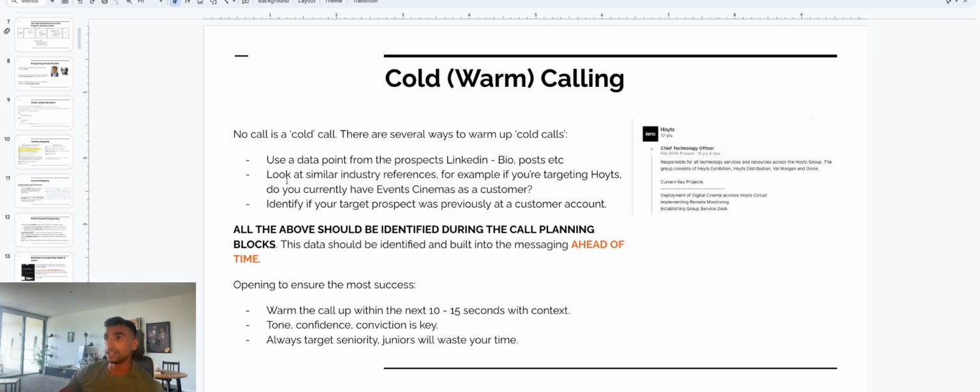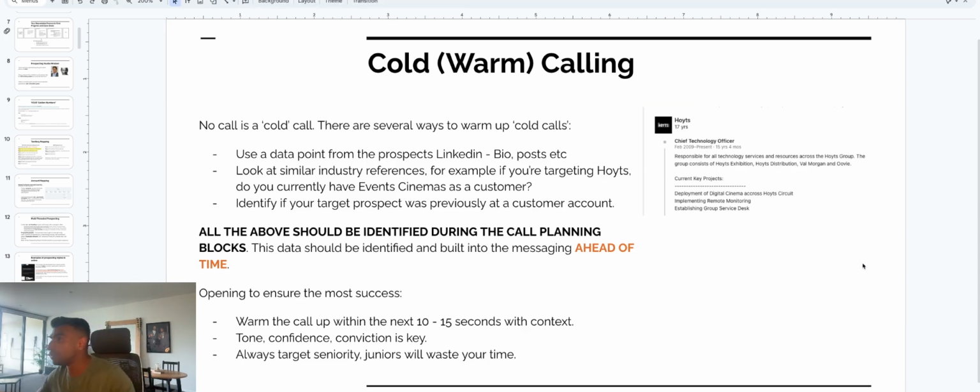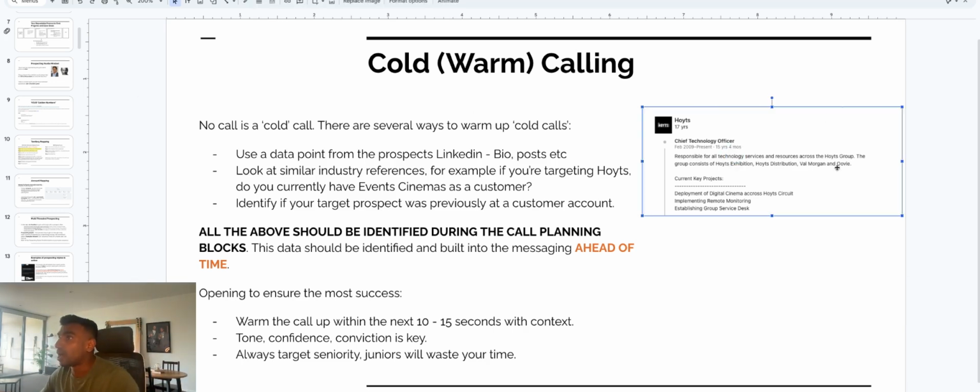You can go on their LinkedIn and have a look at whether there is anything in their bio. This is an example from one of the prospects I was going after. They literally had this on their bio. I don't know if you can actually see this, but the company I was targeting was Hoyts. If you're in Australia, you'll know Hoyts pretty well.